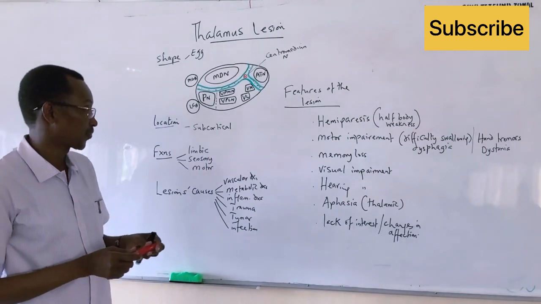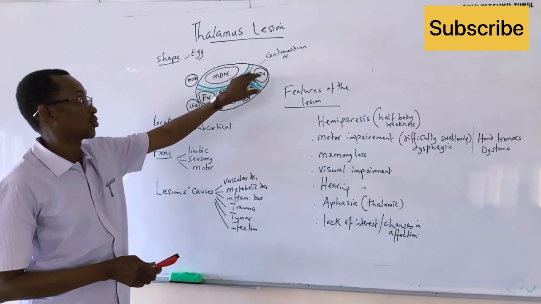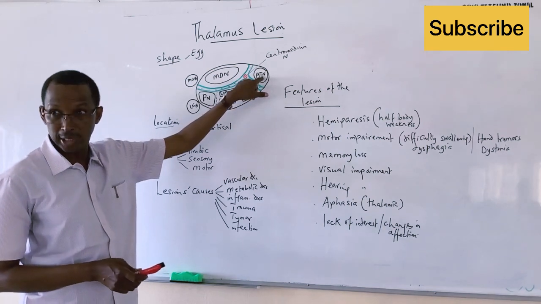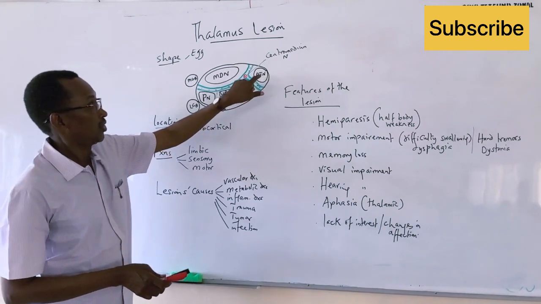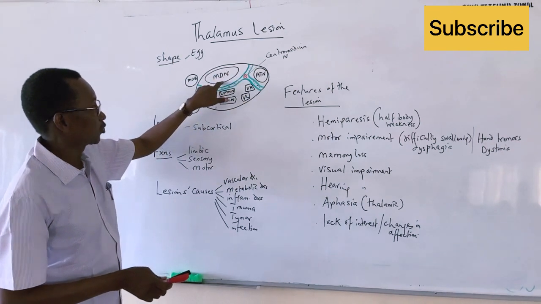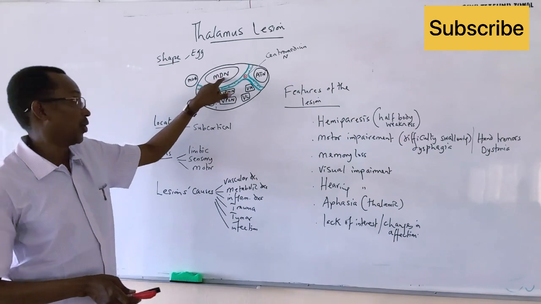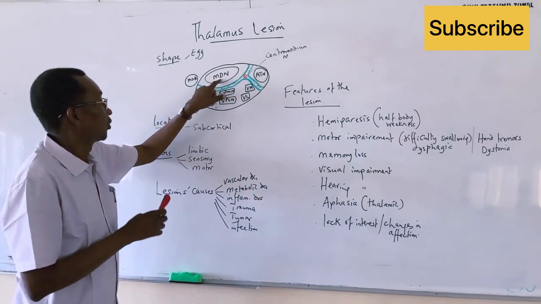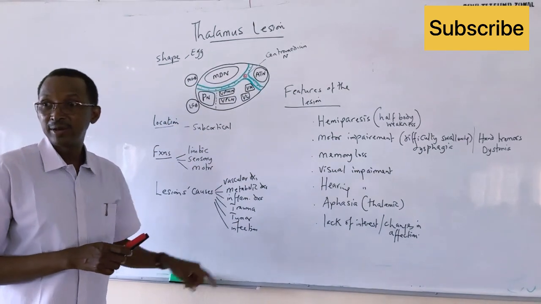We'll see its function. In the anterior compartment of the thalamus, we have one nucleus, the anterior thalamic nucleus, part of the limbic function of the thalamus. The medial part of the thalamus has a large nucleus known as the mediodorsal nucleus, which is responsible for the limbic function of the thalamus.